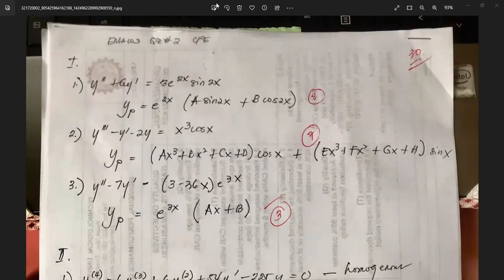Gin-distribute mo, not substitute. Gin-distribute mo na ang e raised to 2x. Oo, miss. So ang gwa, a e raised to 2x sine 2x plus b e raised to 2x cosine 2x. Oo, miss. Okay na siya, correct mo na siya gyapon, din factor out na siya dire. Okay? Thank you. Sige, sige.